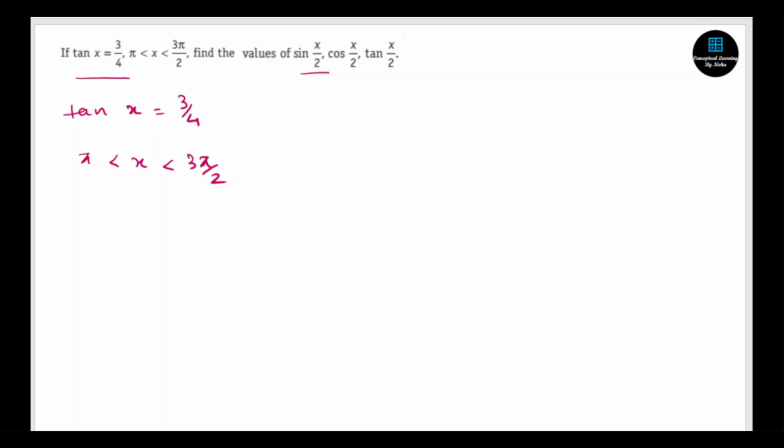Because x angle is lying in the third quadrant, when I divide all of them by 2, what will I get? Pi by 2 less than x by 2 less than 3 pi by 4. So it is in the second quadrant.